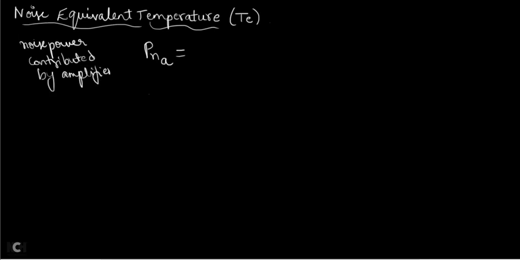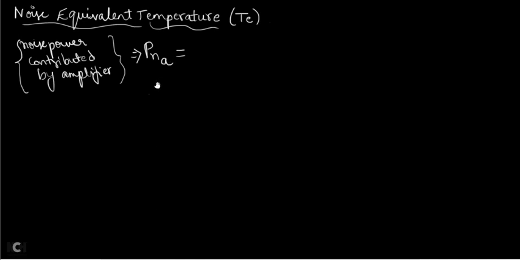In the receiver, there will be amplifiers and filters and everything, no? So because of this amplifier, what is the noise coming? Noise power which is particularly contributed by the amplifier is called PNA. N stands for noise power, A stands for amplifier.